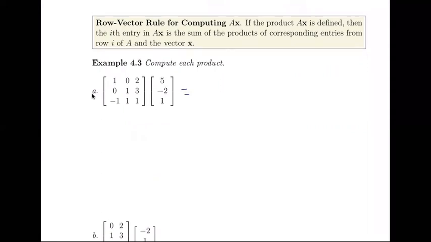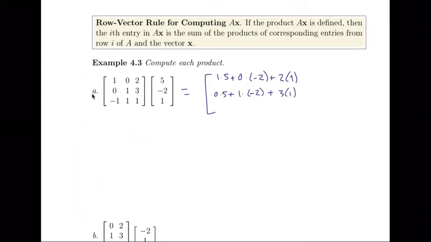So this product now, the first component will be 1 times 5 plus 0 times -2 plus 2 times 1. The second row of A times X is the second element, and we'll have 0 times 5 plus 1 times -2 plus 3 times 1.